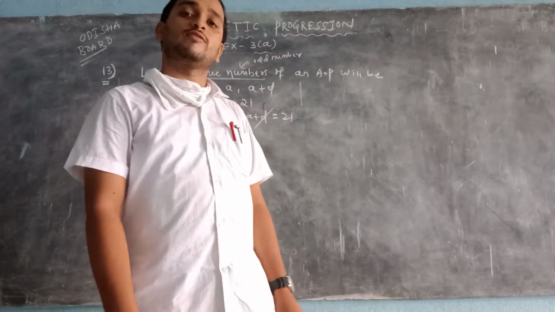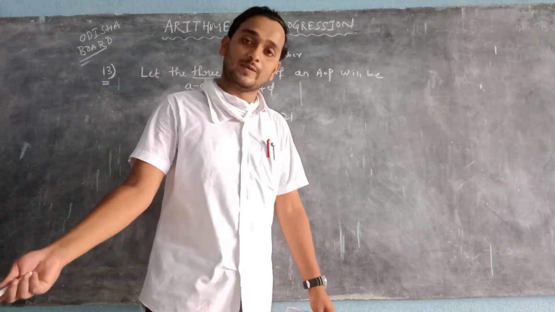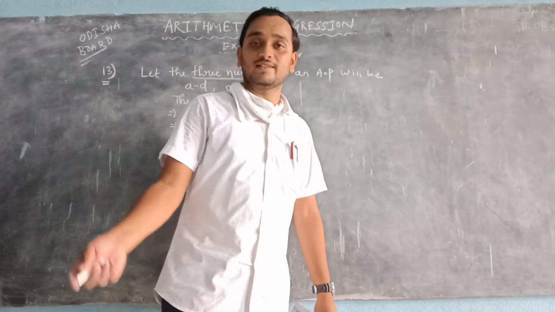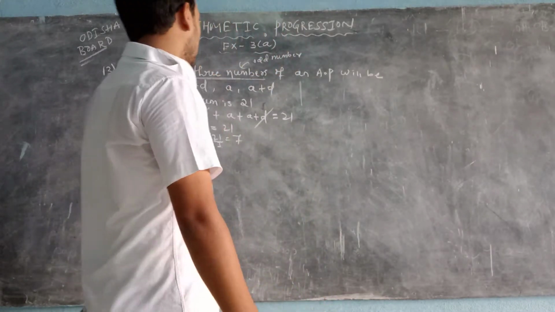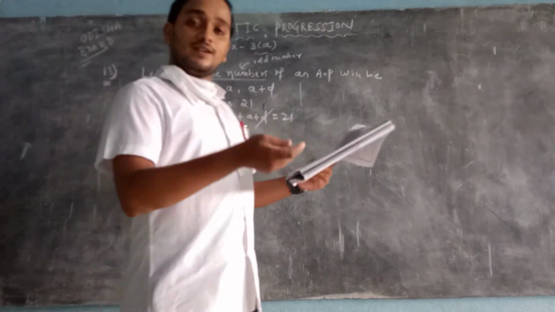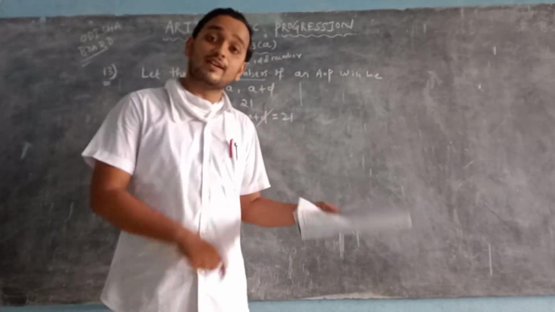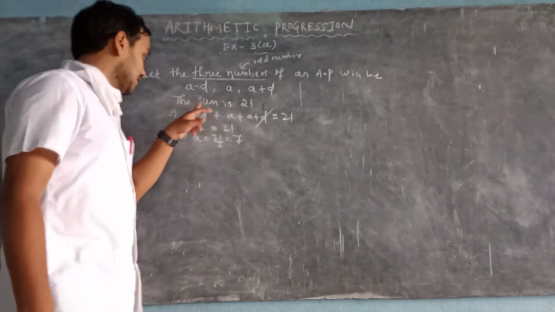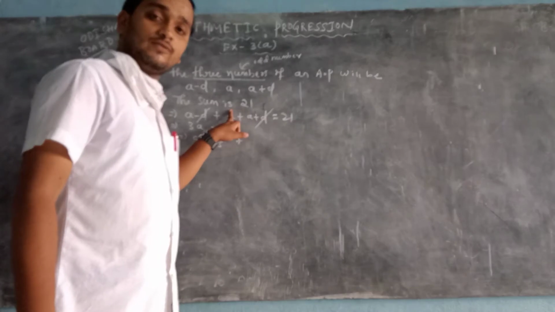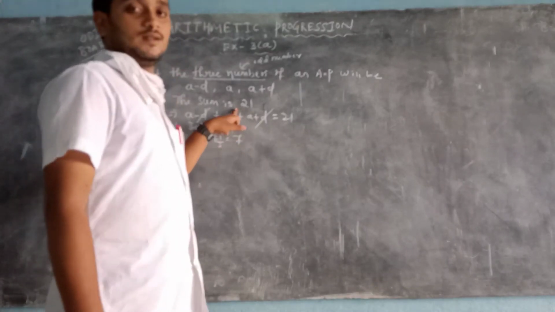Now we will find the value of D, because to form an AP, we need two values. What are they? A and D. So next, again given the sum of their squares. This is the sum of numbers.